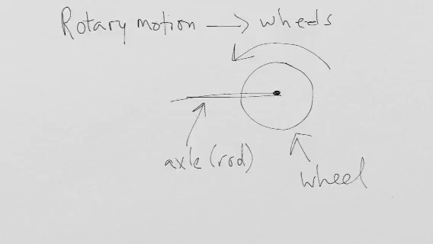They allow us to move a load from here to there with less energy in some cases than would otherwise be required. They allow us to change the magnitude of the force required to move a load. Depending on the type of wheel and axle we set up, we might have less effort to put into it. And they also allow us to increase or decrease the speed of the motion of an object.